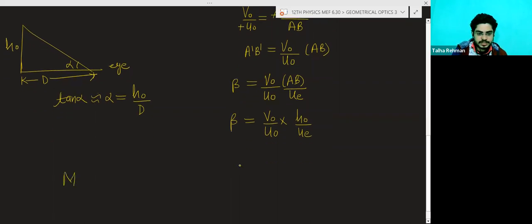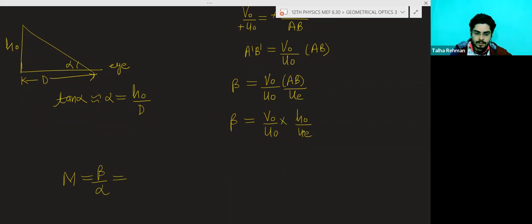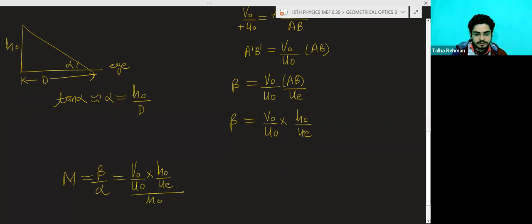Now you have alpha and you have beta, so you can find the magnification. Magnification is equal to beta by alpha. Beta is v naught by u naught multiplied by h naught by ue, divided by h naught by d.